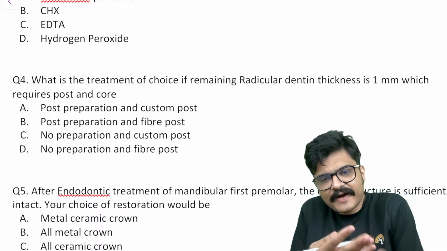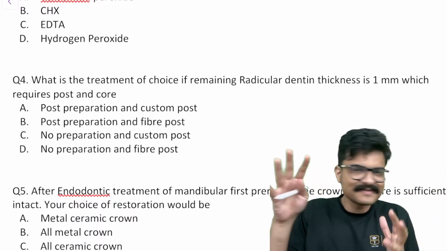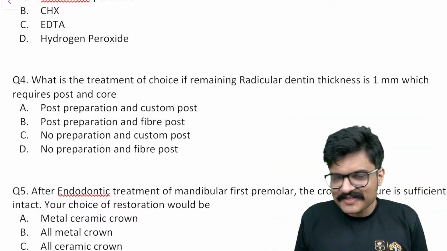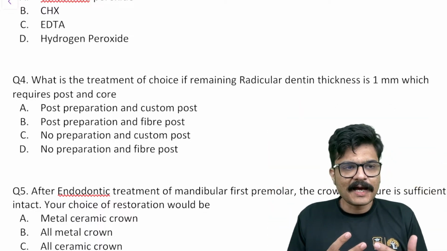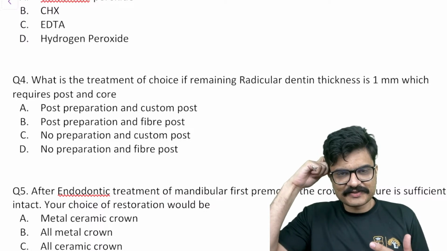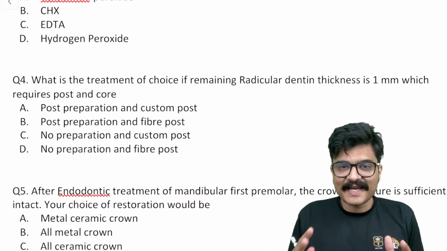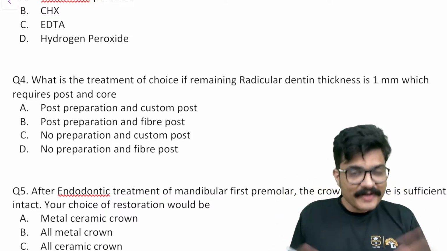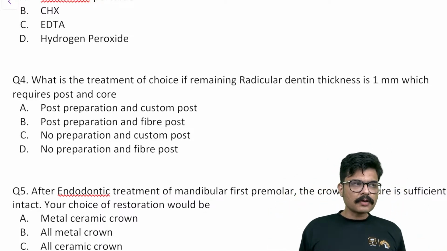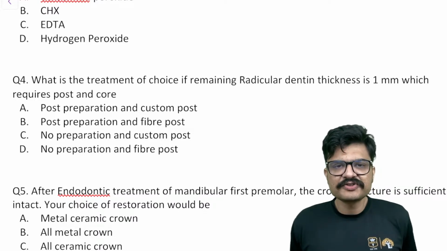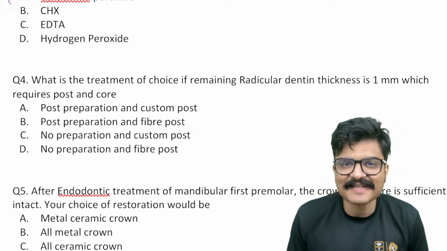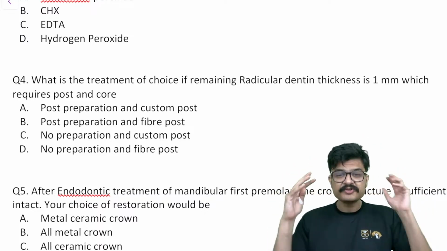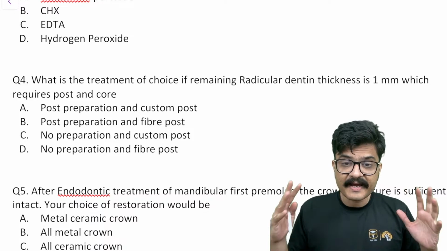So if I take my H file and start to prepare a nice, circular, uniform cross-section of the root canal, so as to prepare the canal to receive a proper, well-fitting, prefabricated fiber post, I won't be left with any tooth structure. And you all know the success of any post-endodontic restoration: the most important thing is remaining healthy tooth structure.